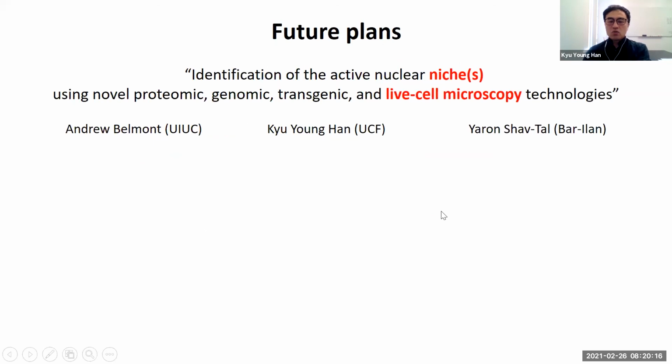I'm one of the PIs of Dr. Andrew Belmont and Yaron Shav-Tal's team. We are studying nuclear speckles, trying to map the nuclear speckle components and measure the dynamics. My part is developing live cell microscopy. I don't think we're going to use 2.5D as a main technology, but there might be a niche application.